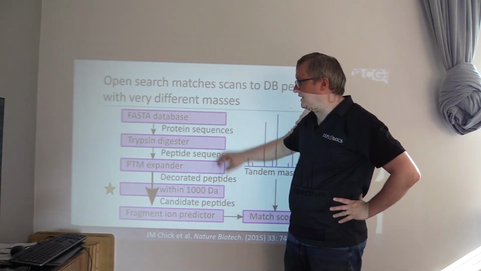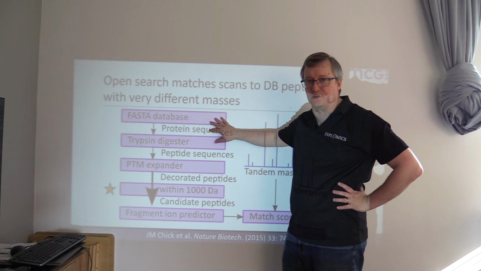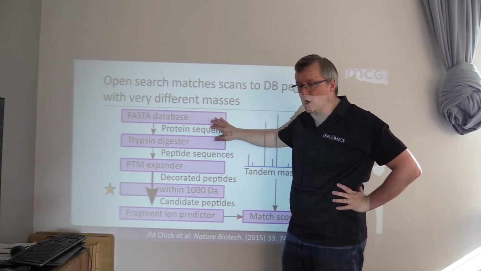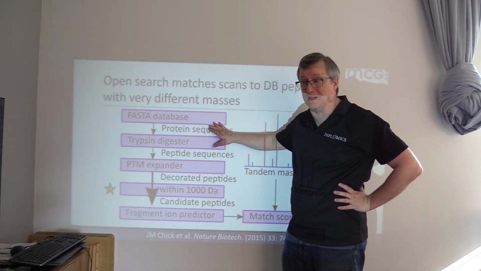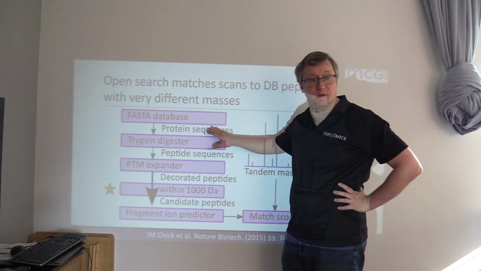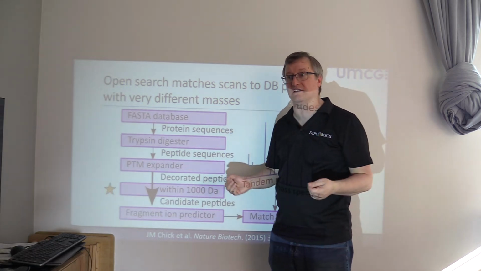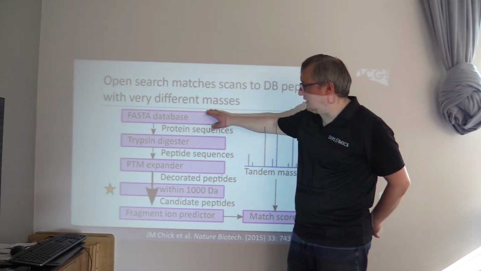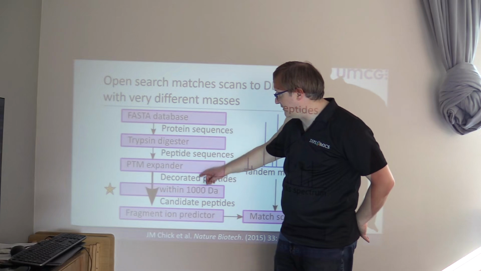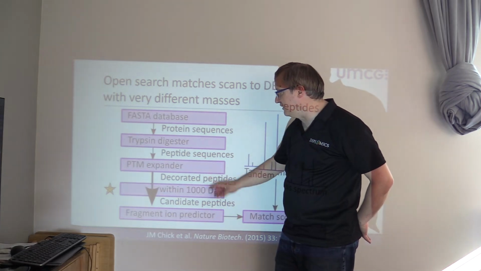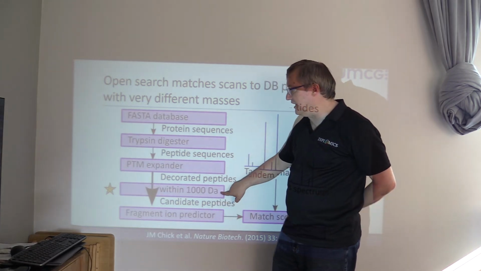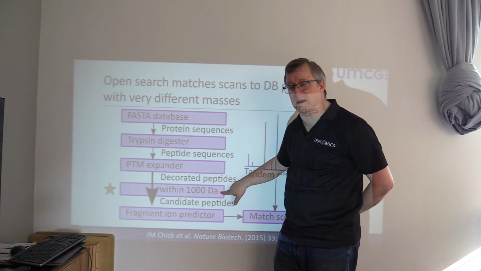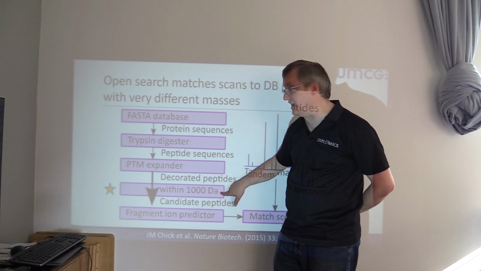All right, now I need to talk about open searching, because open modification searching has become a really common way that people go about exploring their data, asking which mass shifts are most dominant in this set. You've seen this diagram before. The PTM expander stuff is still in place, and yet, in this case, we see that the peptide mass filter has been replaced.